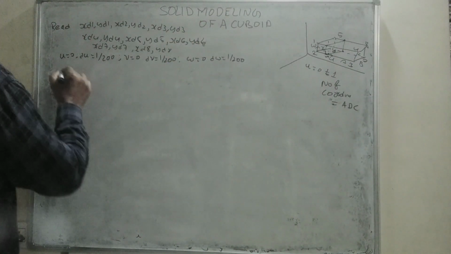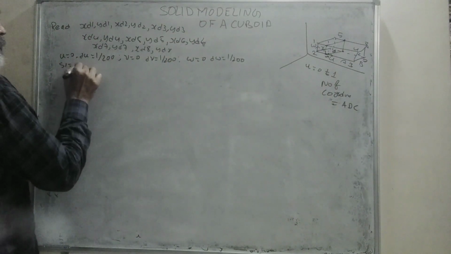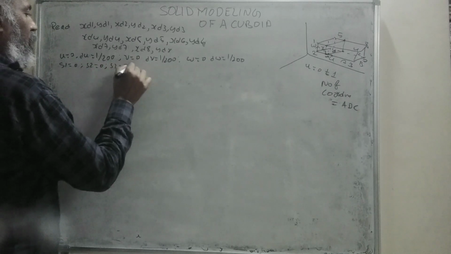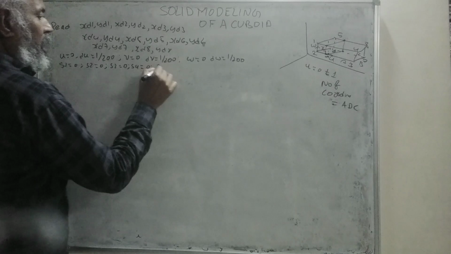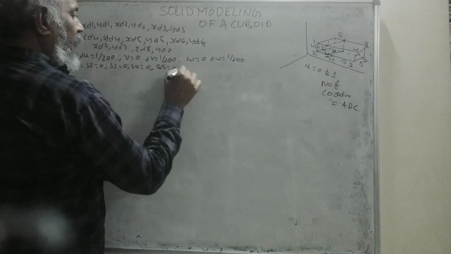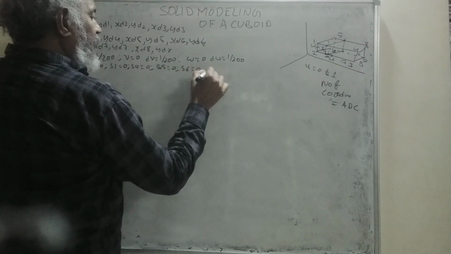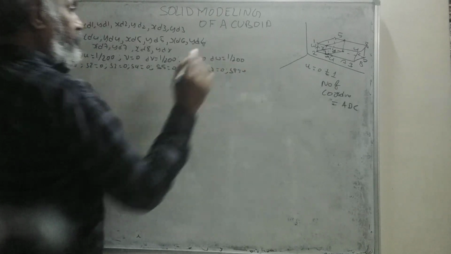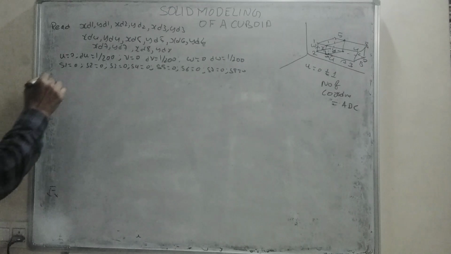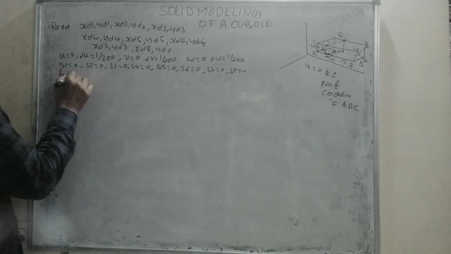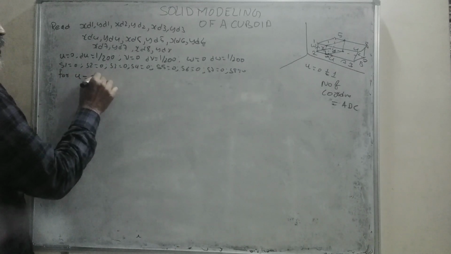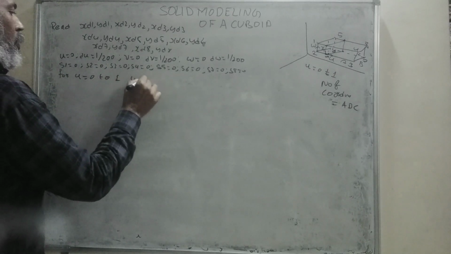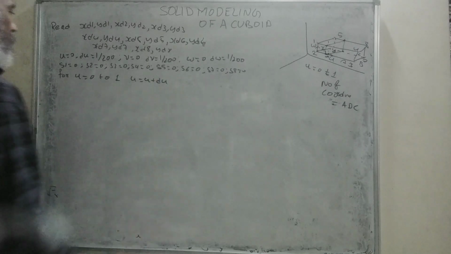So S1 is equal to 0, S2 is equal to 0, S3, S4, S5, S6, S7 and S8 are all equal to 0. Now, for u from 0 to 1, u is equal to u plus du.